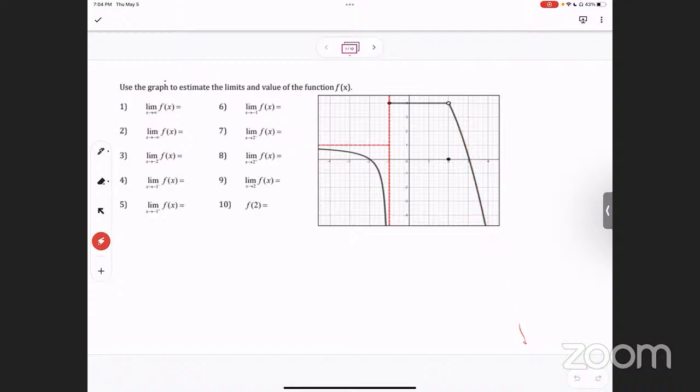You'd expect negative infinity, the y value getting bigger and bigger negative. As it goes to the left, I would expect the value to get closer and closer to that horizontal asymptote, which is 1.